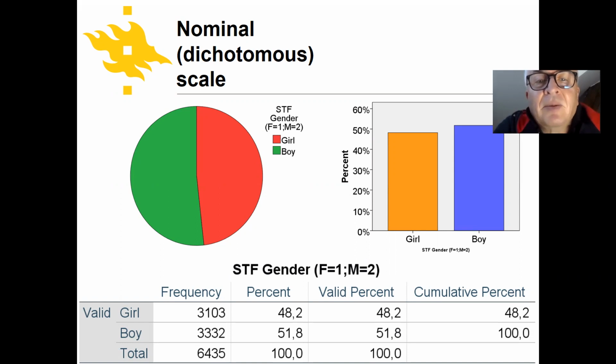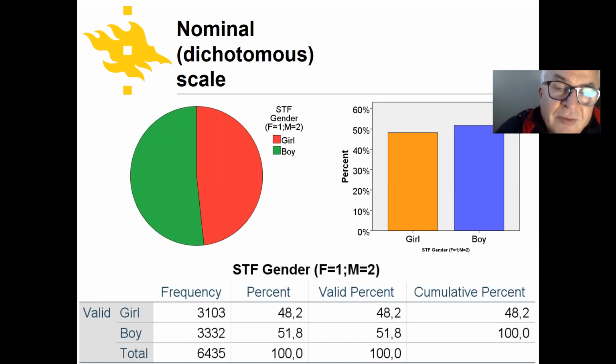We have the same result in numbers and in the table and in the graph. And you can see the frequency is how many, and the percent is also how many, but in contrast, there you compare with how many out of 100.